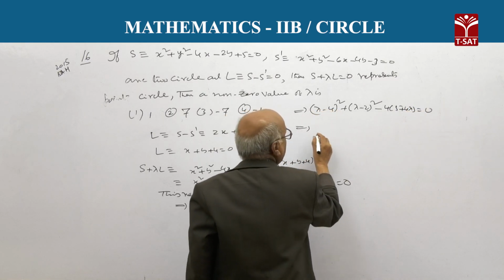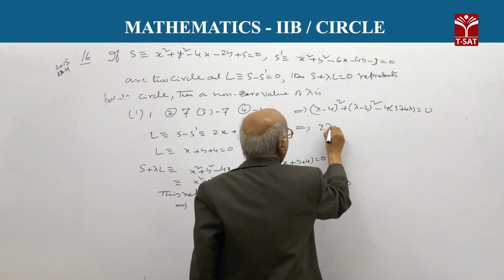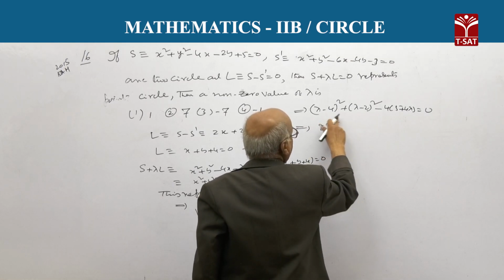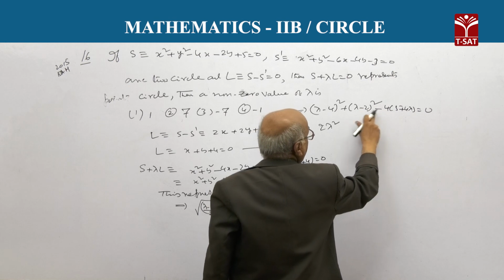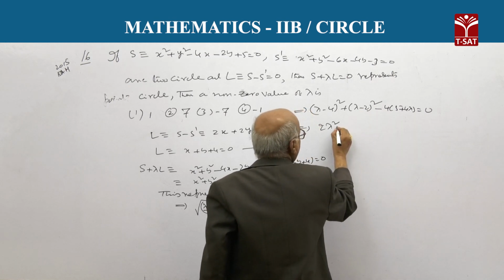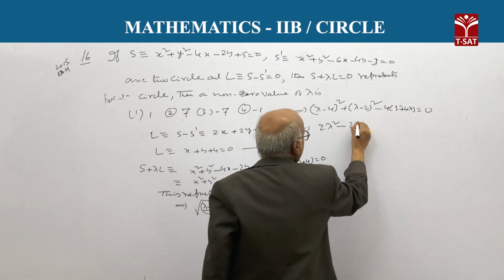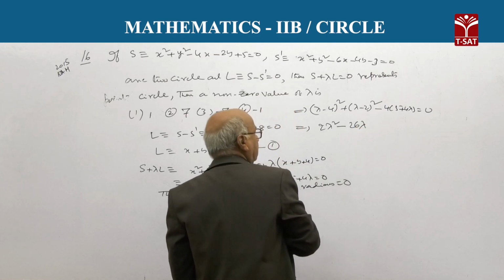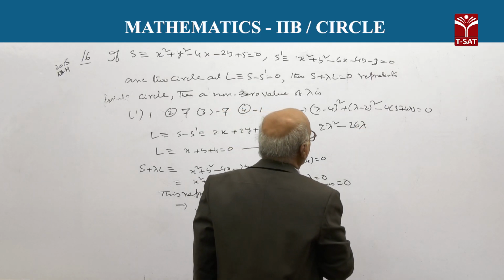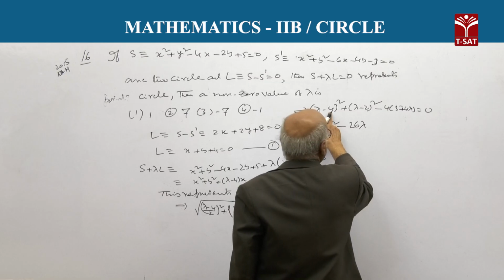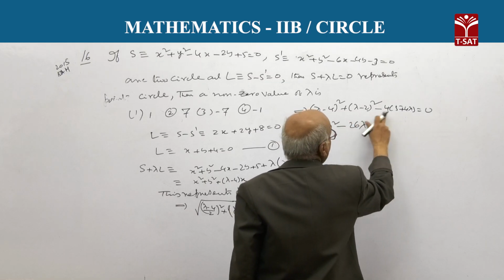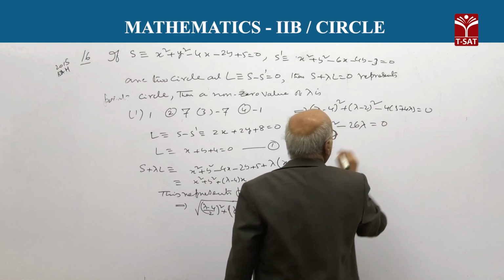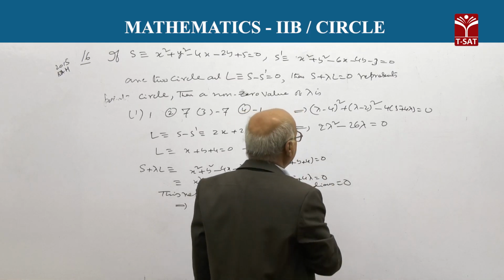So, what you get is 2 lambda square minus 8 lambda minus 2 lambda minus 10 lambda minus 16, so minus 26 lambda, and 16 plus 4, 20 minus 20 is equal to 0.